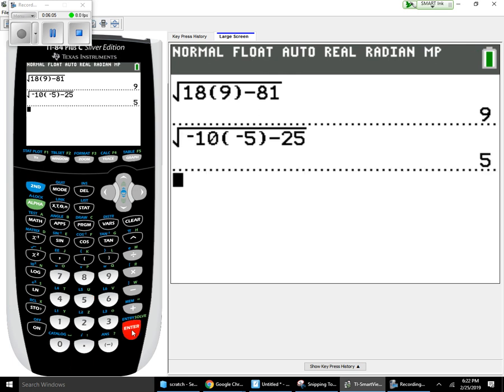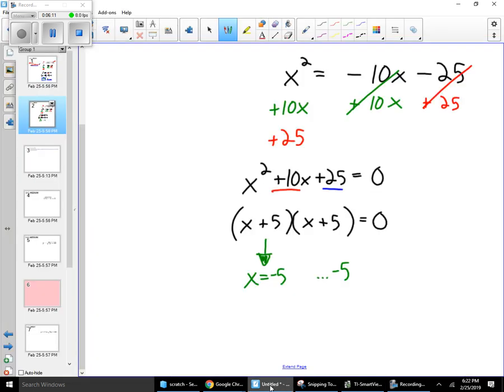But when I put this in my calculator, the calculator tells me that x is +5. Well, +5 and -5 do not equal one another. So -5 is not a solution to this equation. We have a name for this value -5. We call this extraneous.